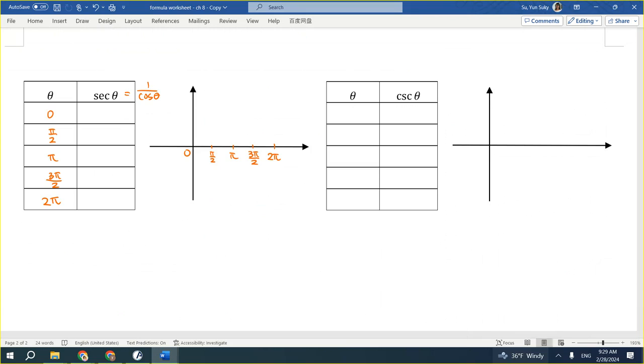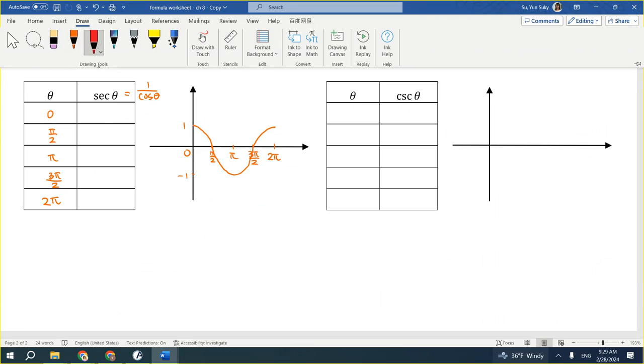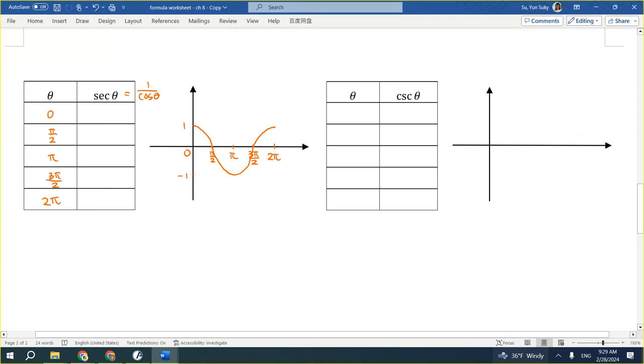And the cosine, you know the cosine starts with 1, and then 0, and then -1, and then 0, and then 1. Yes, that's the cosine. And now you draw the secant. Secant, you flip it up, down, up, down.